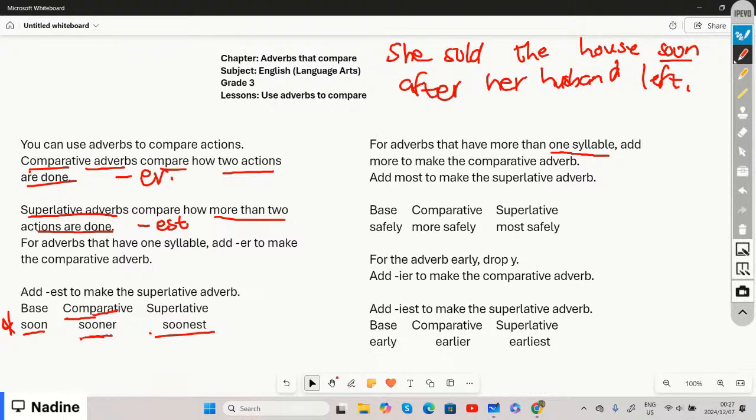So soon is the adverb that tells us more about the action that is being done.